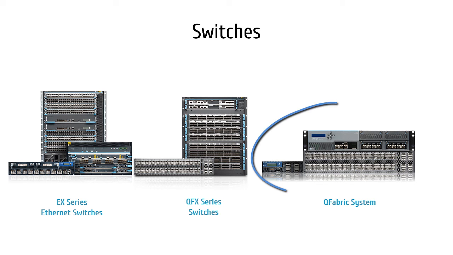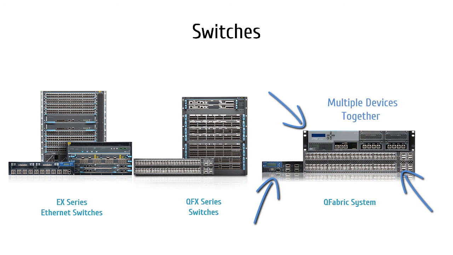Next, we have the QFabric system. Now, some of you might be wondering, well, what's the difference between QFX switches and QFabric? Well, mainly the difference is that the QFabric system is not a device. QFabric is the industry-leading scalable Ethernet switching fabric. The QFabric system is composed of multiple components, or what are referred to as QFab devices, working together as a single switch.